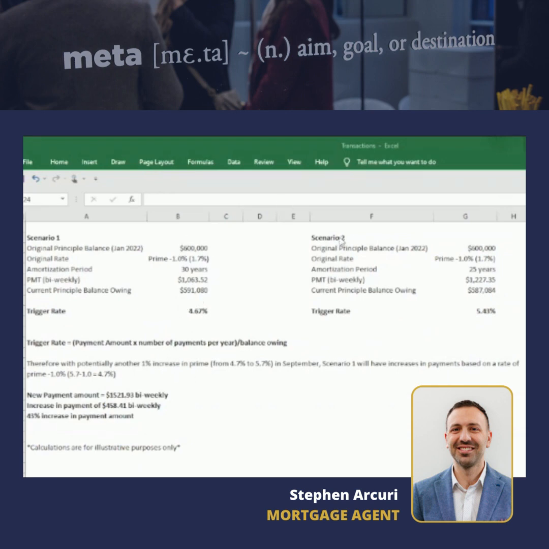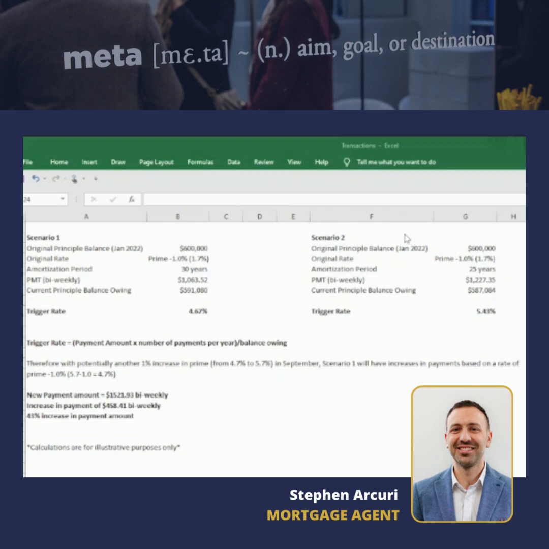I'm just going to scoot over to scenario 2 to show you that, as you decrease your amortization period, let's say they took a 25 or a 20 year, the less likely that client is to hit a trigger rate, and therefore the less likely they are to have their payments increased.